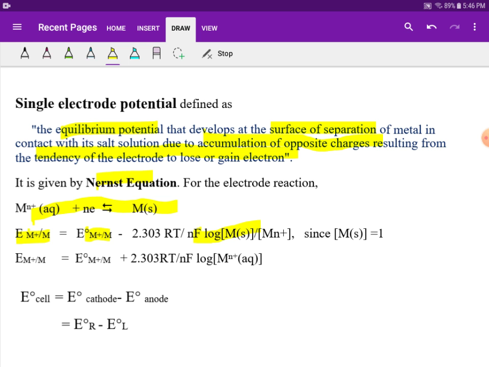Here, the concentration of any material in the solid state is taken as 1, that is, activity is equal to 1, that means concentration is equal to 1.